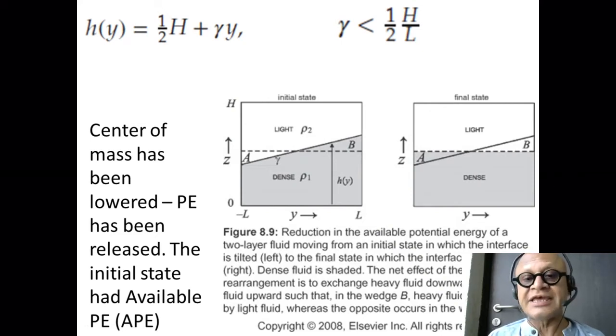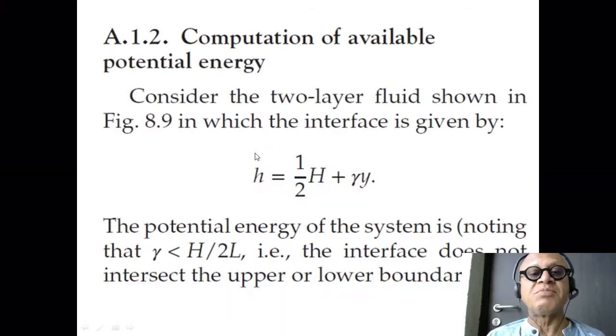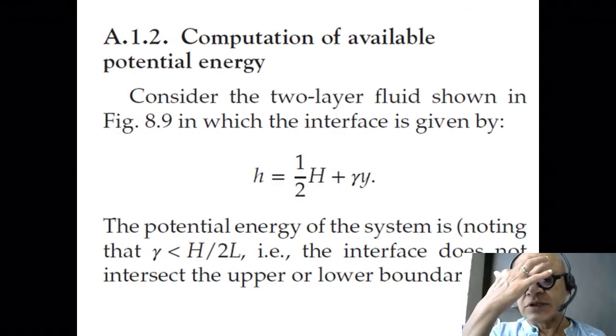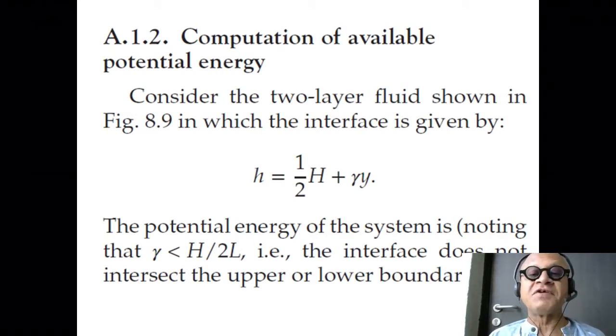The initial state had available potential energy, obviously, because you had heavier fluid above the equilibrium line and lighter fluid below the equilibrium line. Now let's look at a simple way to calculate the available potential energy for this simple situation we have created. So two-layer fluid again with our hy of 1/2 h plus gamma y.